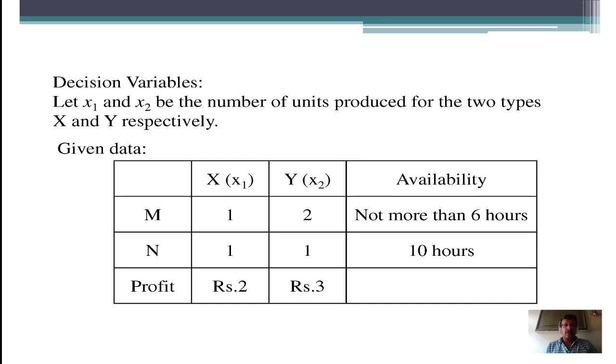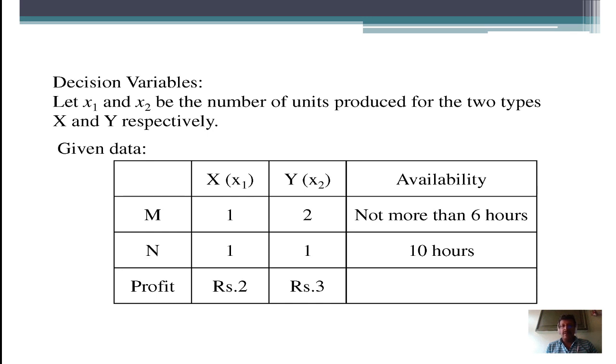X takes 1 minute of processing on M and 2 minutes on N, and Y takes 1 minute on M and 1 minute on N. The profits of the two products X and Y are given in the last row of the table. X has a selling profit of 2 and Y has 3.